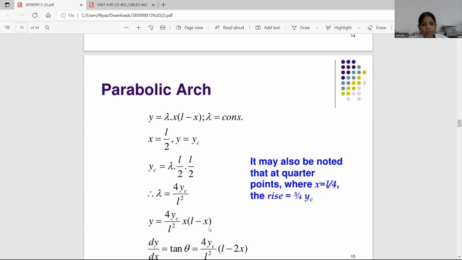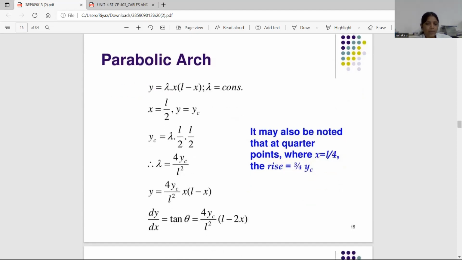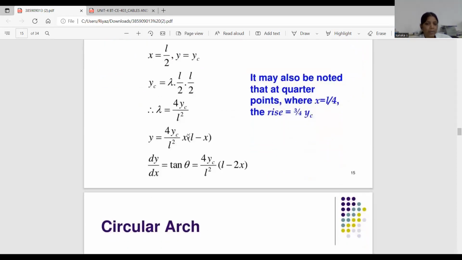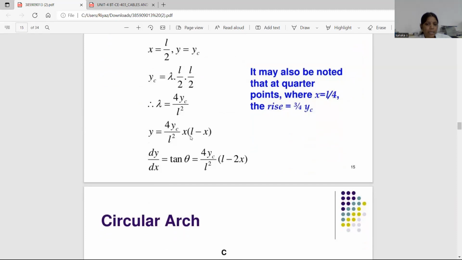It may also be noted that at the quarter points, where x equals L by 4, the rise is 3 by 4 yc. The value of dy by dx equal to tan theta. So 4yc divided by L squared into x into L minus x, differentiate with respect to x.